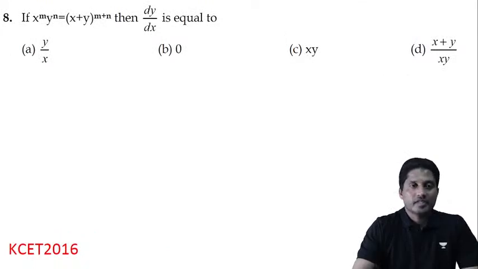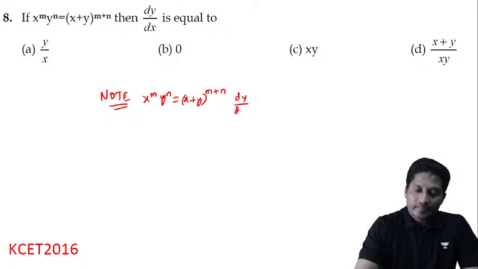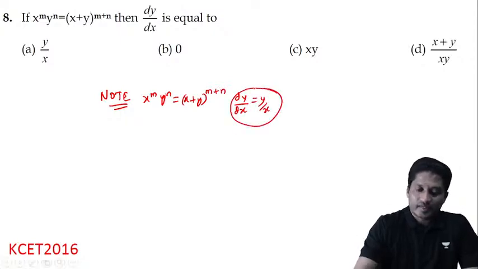Okay, x power m, see, it's a standard result, guys. If x power m into y power n is equal to (x plus y) whole power m plus n, then dy by dx is always equal to y by x. Let's say if you have x power alpha y power beta is equal to (x plus y) whole to the power of alpha plus beta.